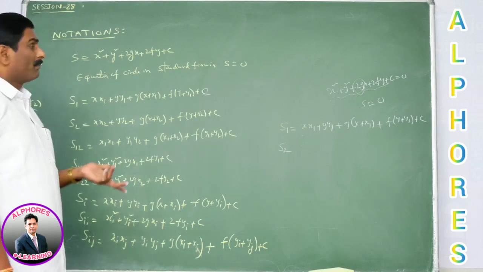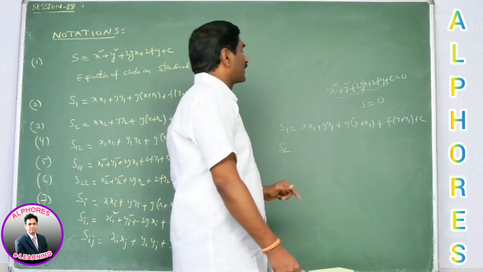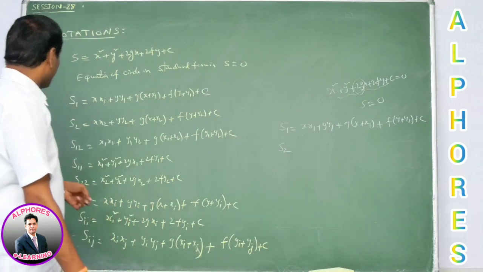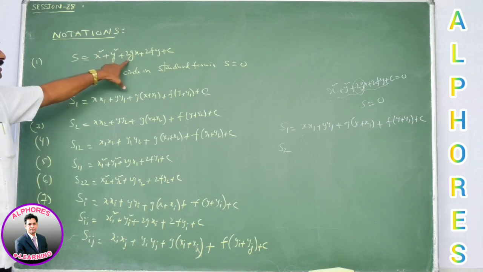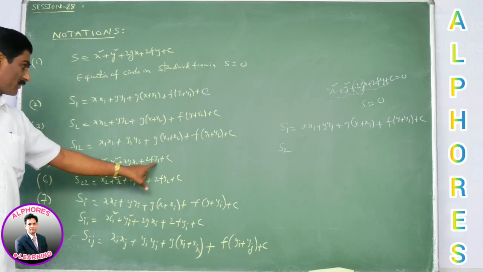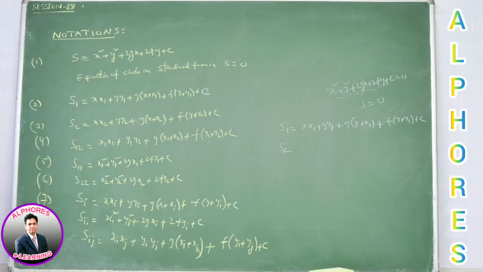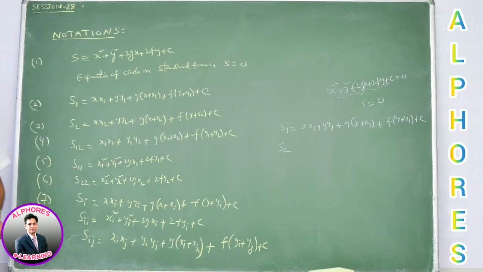S11 is nothing but directly substituting the point (x1, y1) in the given expression S. That means S11 = x1² + y1² + 2gx1 + 2fy1 + c. Similarly, S22: substitute the value of (x2, y2) in the given expression S, x2² + y2² + 2gx2 + 2fy2 + c.